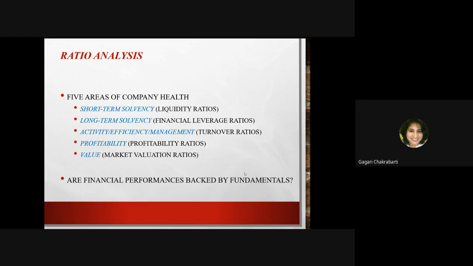Is there any lead-lag relationship? Is it the case that the real sector leads and the financial sector lags? If you have growth in the economy, or if the real economic fundamentals are really good, then the financial sector will automatically develop in an economy. Or the reverse is the truth.